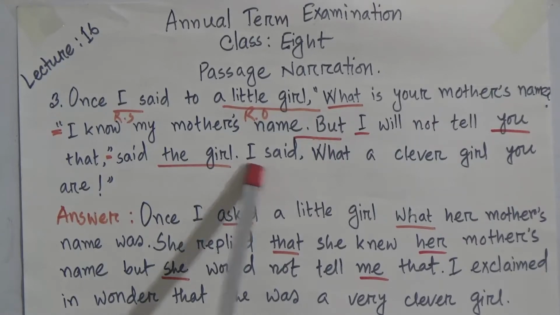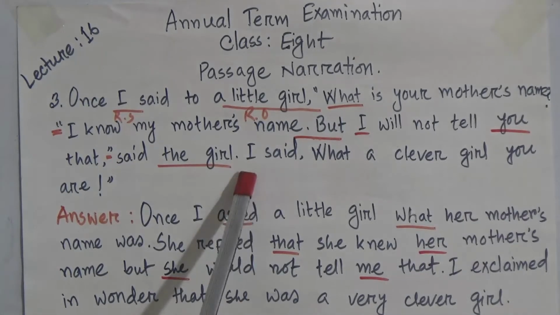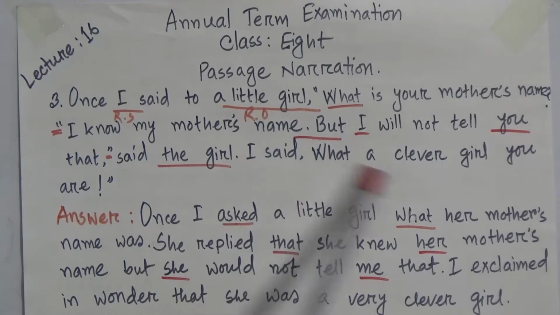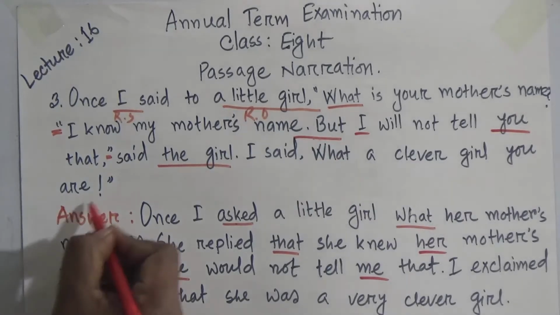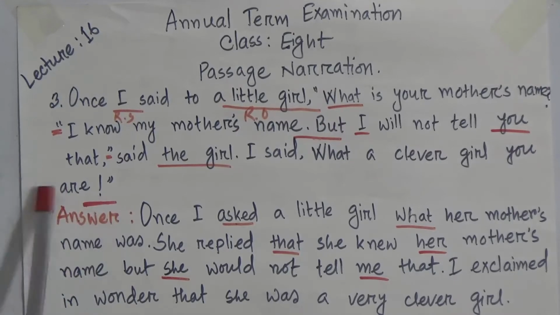Then what is written? I said, what a clever girl you are. Dear students, it's said by I. And what a clever girl you are. After finishing this line, you may see an exclamation. So it's an exclamation. So the answer would be I exclaimed with wonder. Exclamation may be of different kinds.